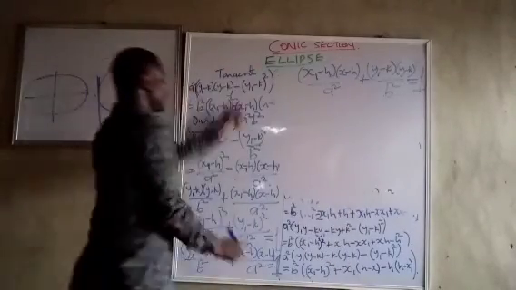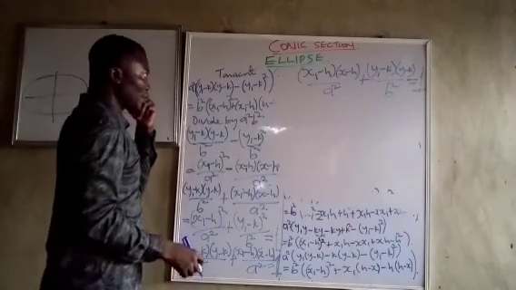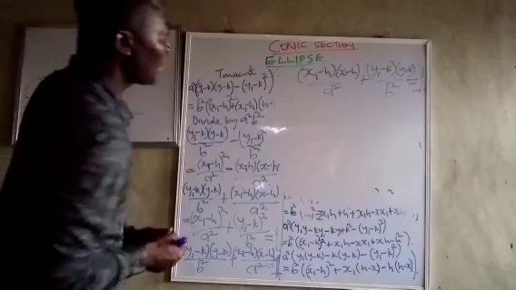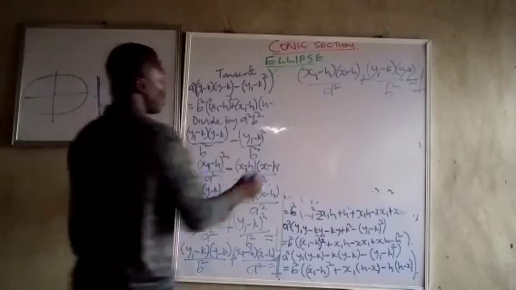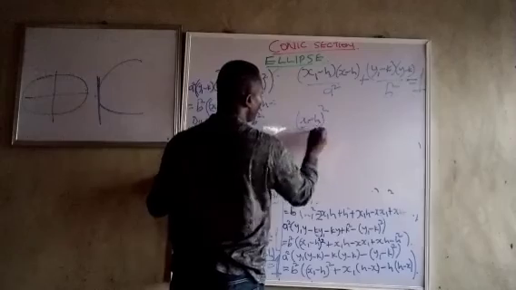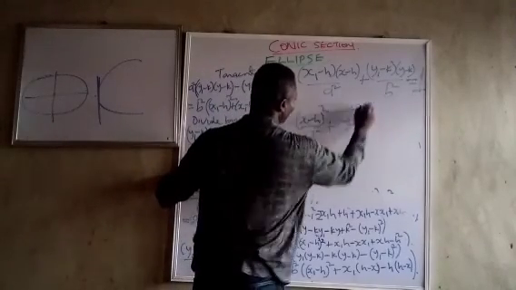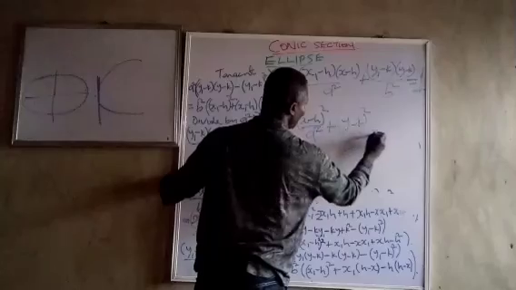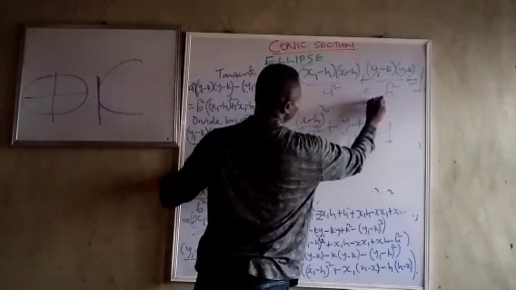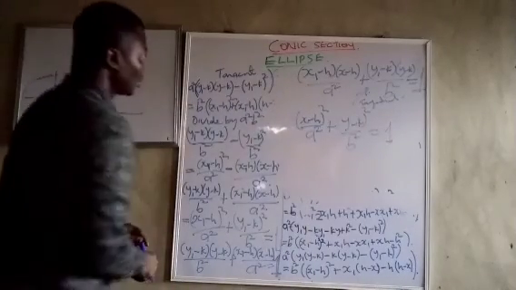That's the tangential equation for x minus h squared over a squared plus y minus k squared over b squared equals 1. So this is the tangential equation, the equation of the tangents.